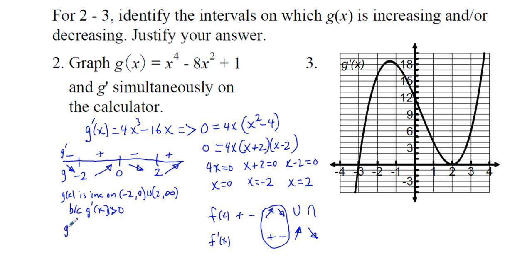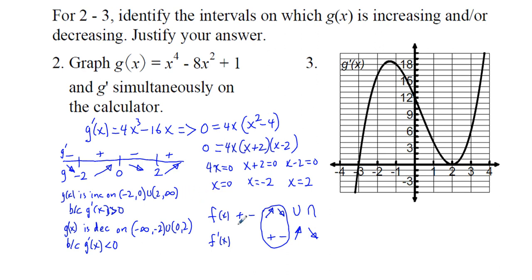Okay, and then g of x is decreasing on -infinity to -2 union 0 to 2. Why? Because g prime of x is less than 0. So that would be our justification.